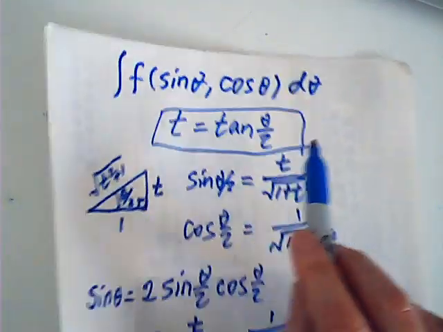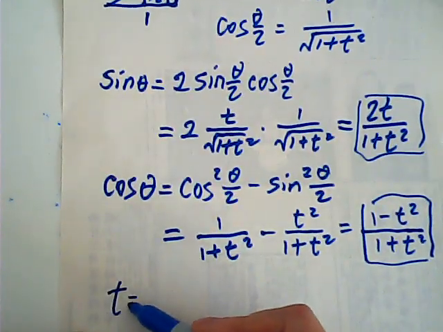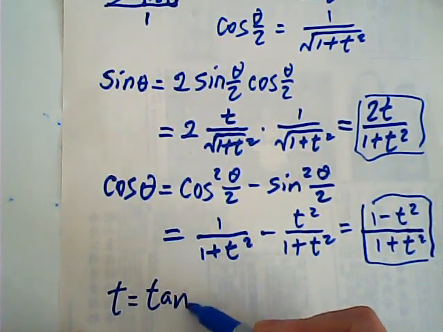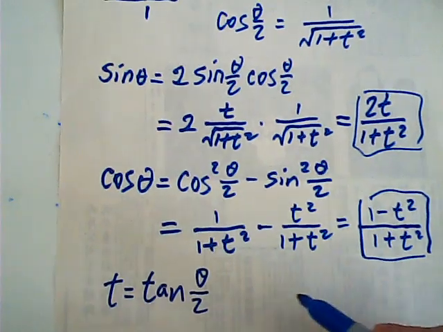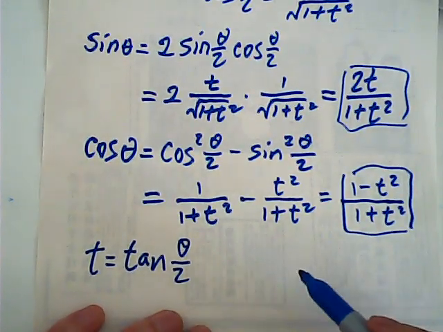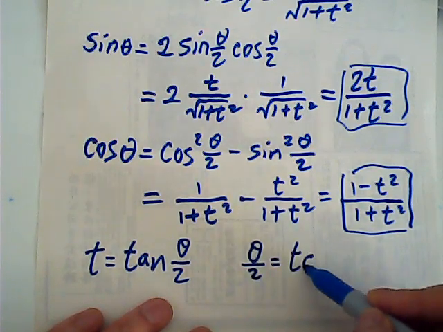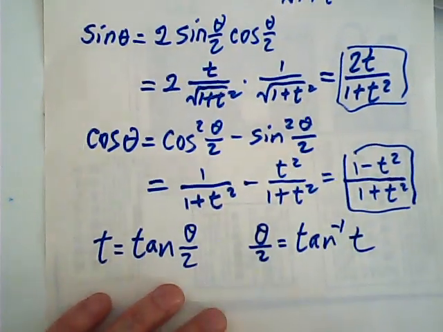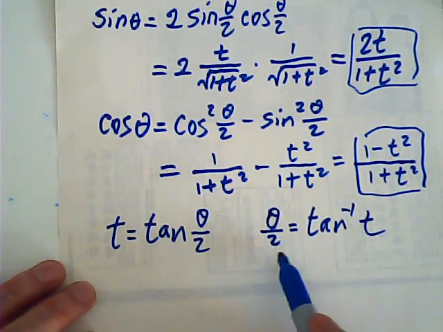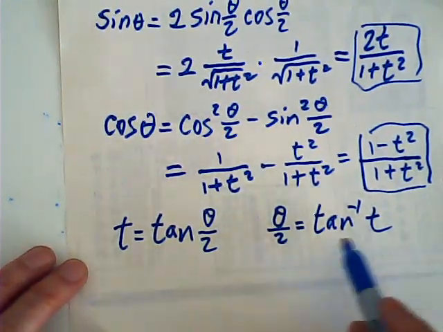And for d theta, t is equal to tangent half theta. Therefore, half theta is arctangent t, right? Then we differentiate both sides.